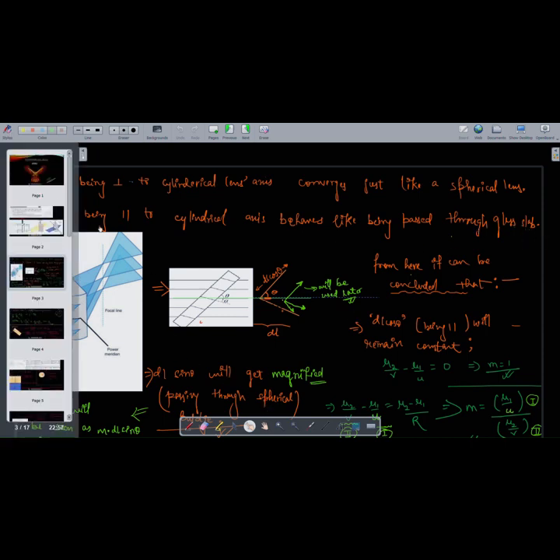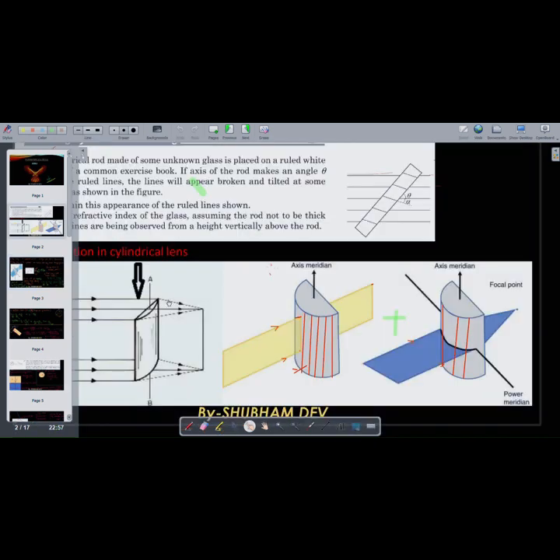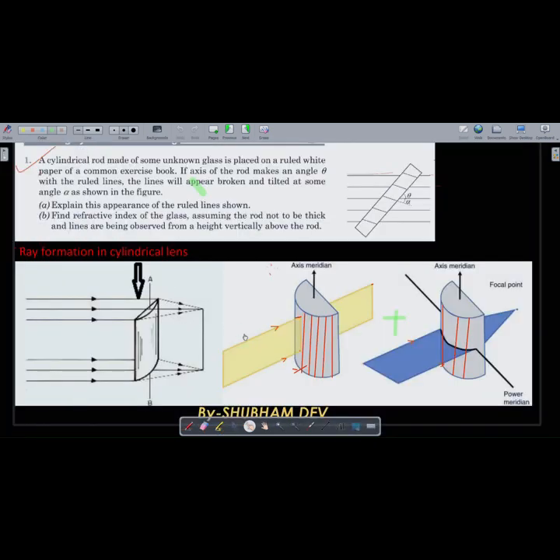So the final ray formation of the cylindrical lens will be like this. Rays will fall here, here, and we will see a straight line.